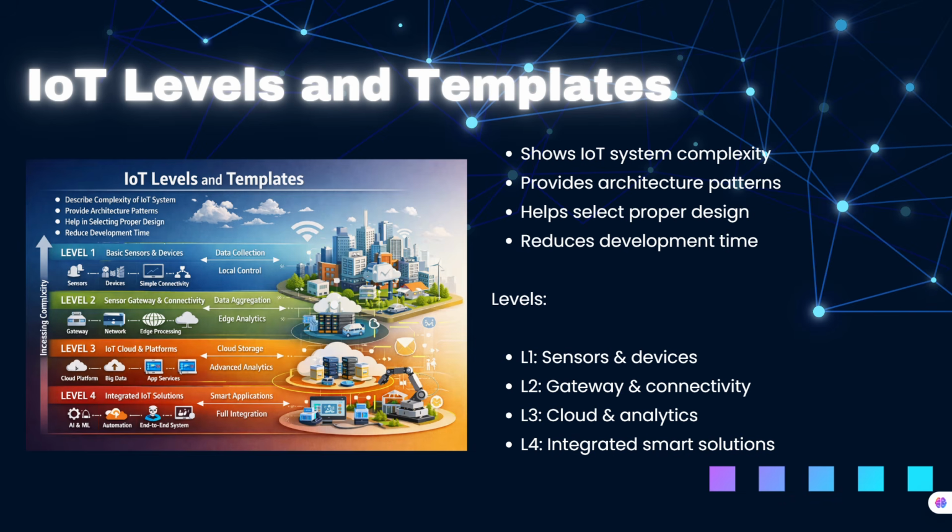Level 2 adds gateways and connectivity. Level 3 adds cloud services and data analytics. Level 4 represents a complete smart solution that integrates many systems. These levels help designers choose the correct architecture and plan the system efficiently.